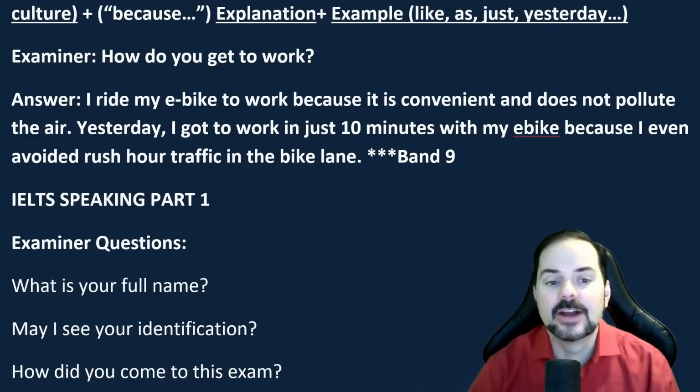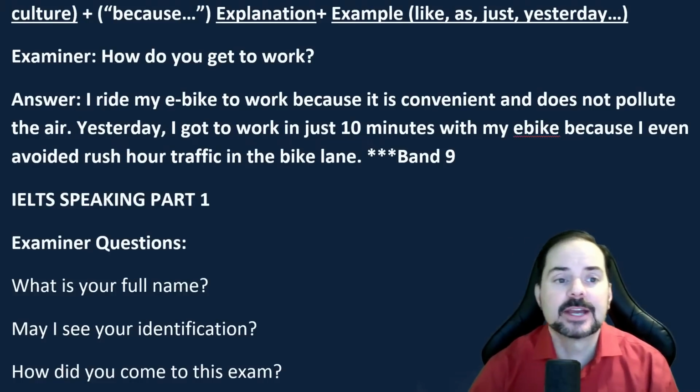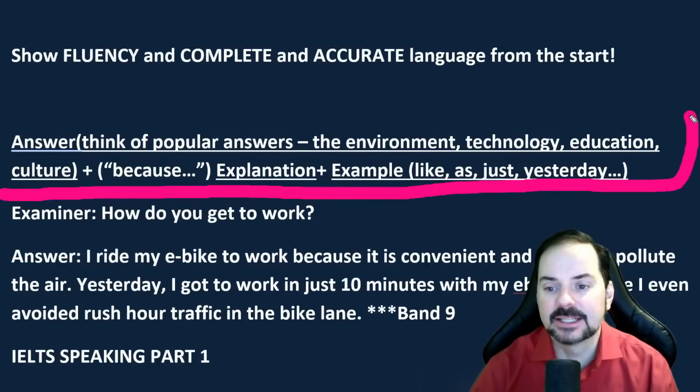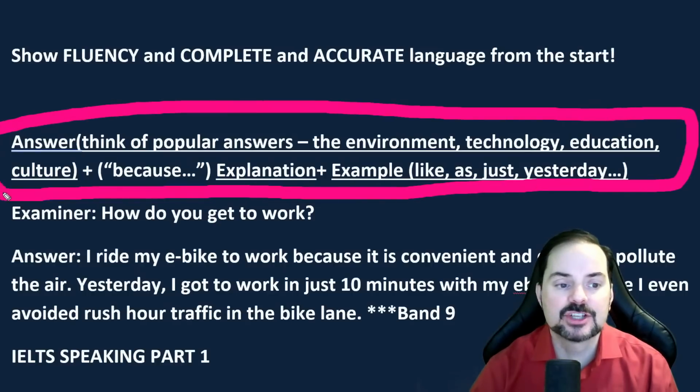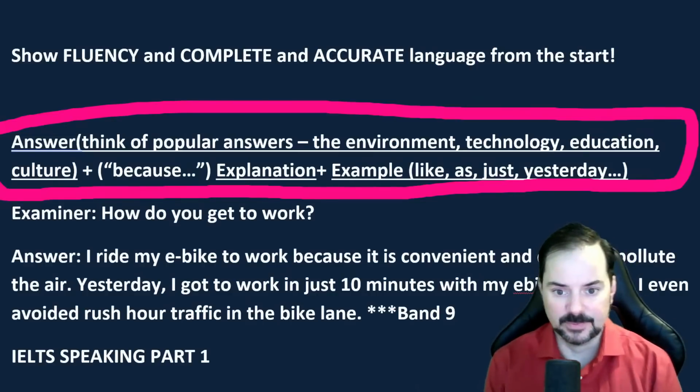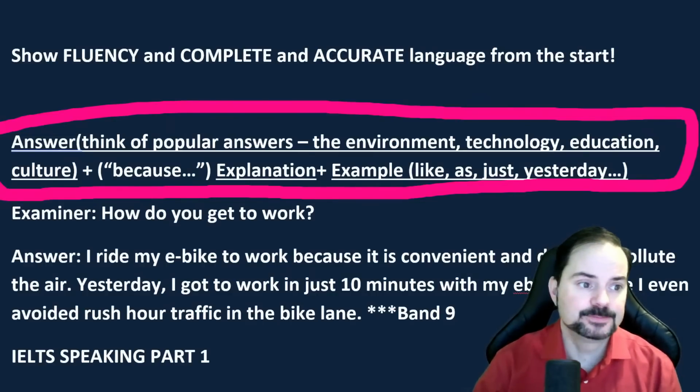Okay. All right. So that's how you answer, okay? Keep this in mind. This is the key. This is the trick. It seems simple, but it needs practice, especially when the questions are coming at you randomly. Okay, so think about the answer. All right.